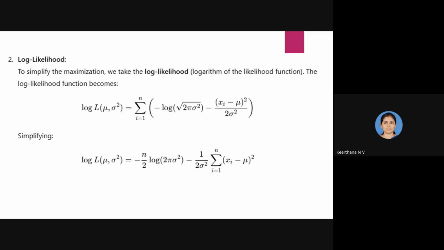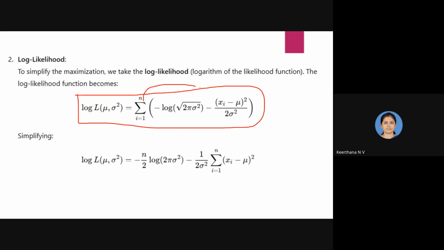Second, I take the logarithm of the likelihood to maximize it. After simplifying, you take the summation for this term and n by 2 for this term, so it can be simplified like this.